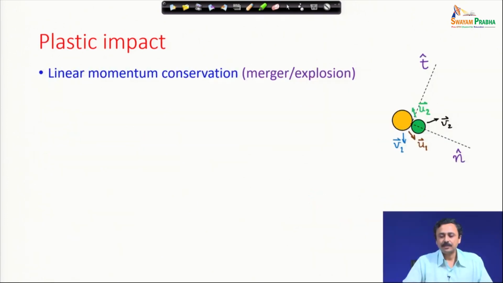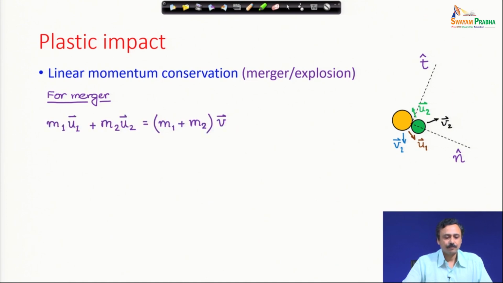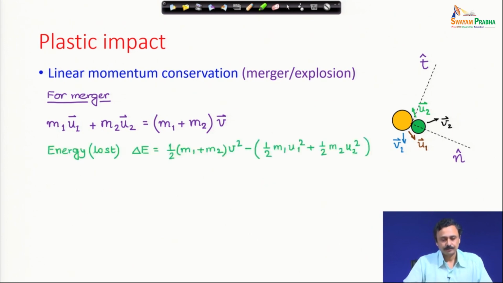Now, when you have plastic impact, linear momentum is conserved. Now, you can have merger or explosion. Therefore, for merger, the linear momentum conservation reads as m1 u1 plus m2 u2 must be equal to m1 plus m2 times v, the final velocity of the combined body.